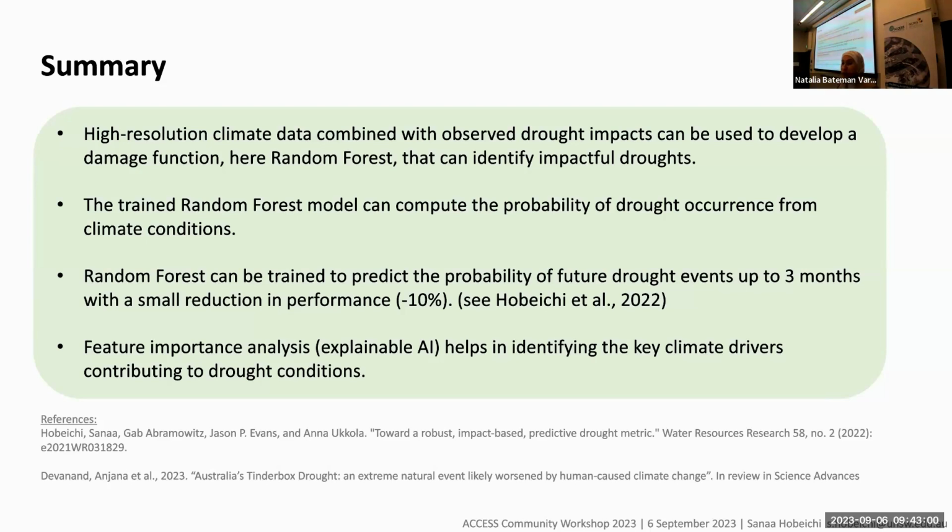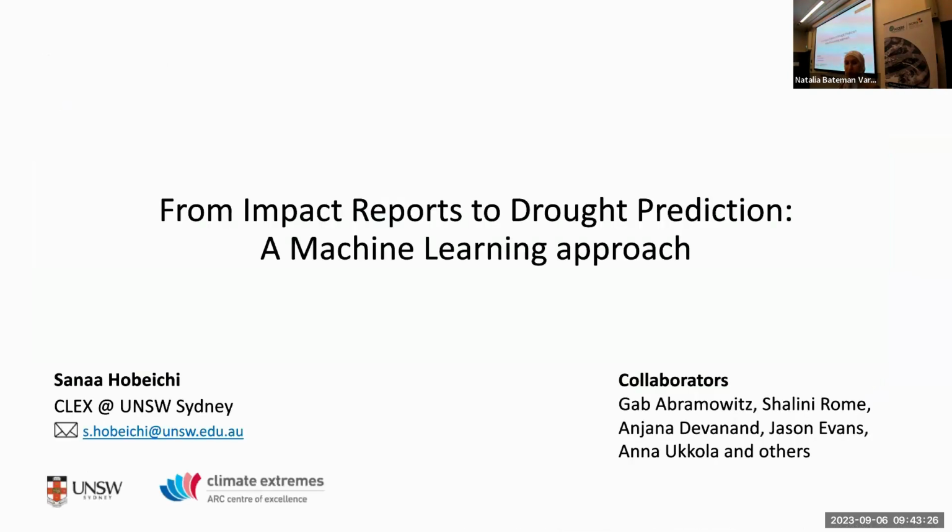And also random forest can be trained to predict the probability of future drought events. I haven't shown the results here, but we found that when we predicted future droughts, we had a small reduction in performance of up to 10%. And also we can use feature importance analysis or other tools from interpretable and explainable AI to identify the key climate drivers contributing to drought conditions.